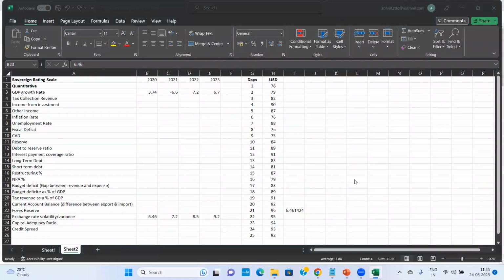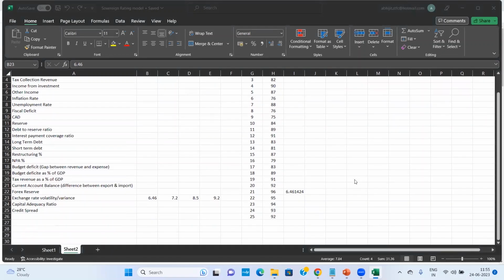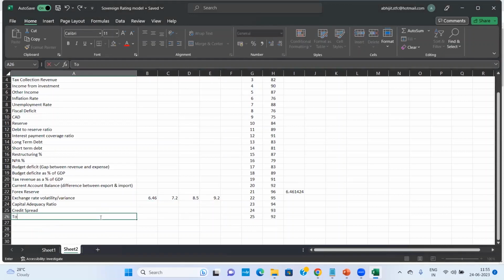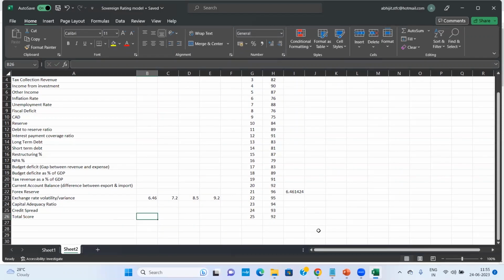That's okay, Kunal, just understand the concept. The figures can differ. That's fair enough. Understand the concept, right? So what we are trying to do is actually make a scale for sovereign rating. Then probably you get a total score. How do you calculate a total score?